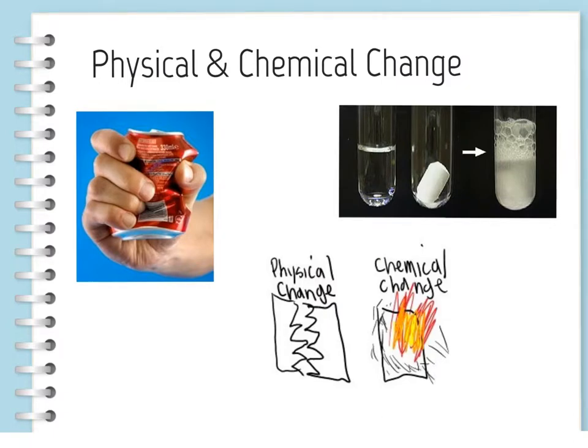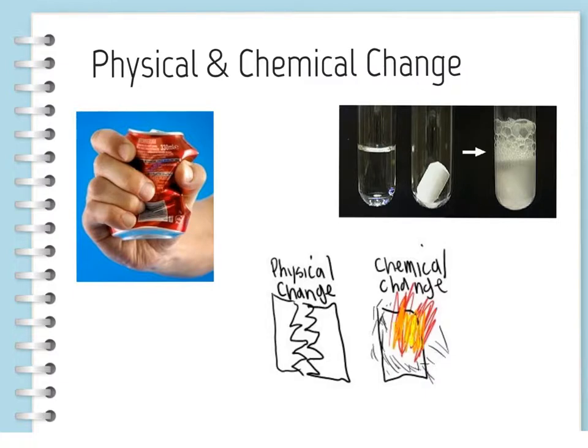So just like with a physical or a chemical property, you can have a physical or a chemical change. And this is where the matter will go through some kind of change, and you're going to decide if it has remained the same or if it has changed in its composition or its makeup.